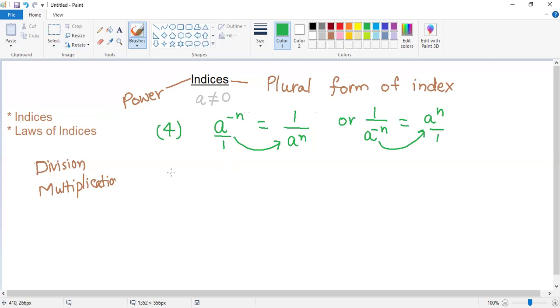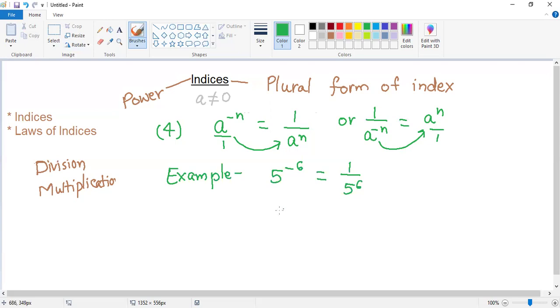Let's see an example here. In this case, we are not going to have an example of large or small numbers. Suppose you have 5 power minus 6. Your answer could be 1 over 5 power 6. If calculators are allowed, you can calculate; otherwise, you can leave it like this.